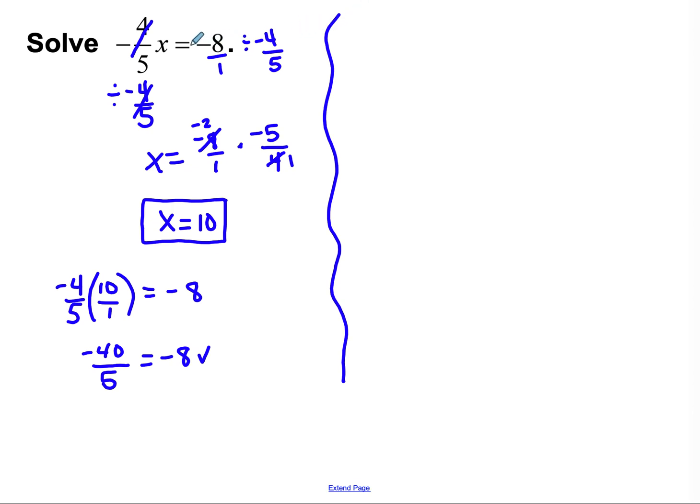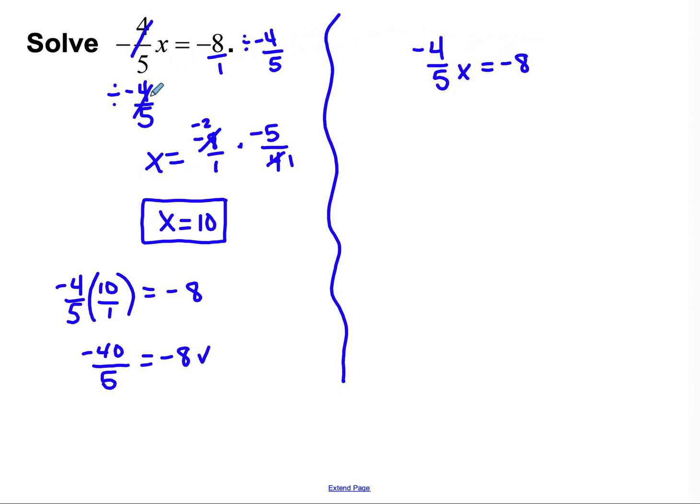The other way is if I realize multiplying by the reciprocal, that multiplying -5/4 is going to cancel out multiplication with a fraction. Multiplication by the reciprocal is going to equal 1. So if I wanted to, I'm going to go back to the original equation, -4/5 x equals -8.